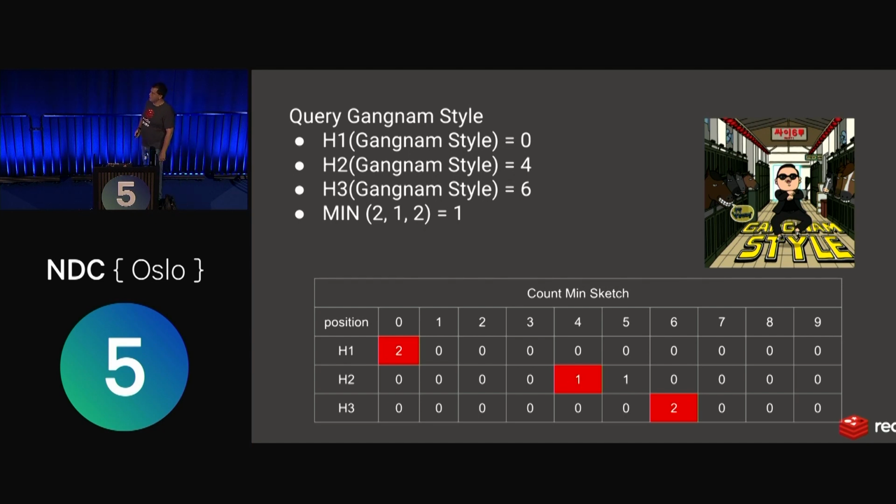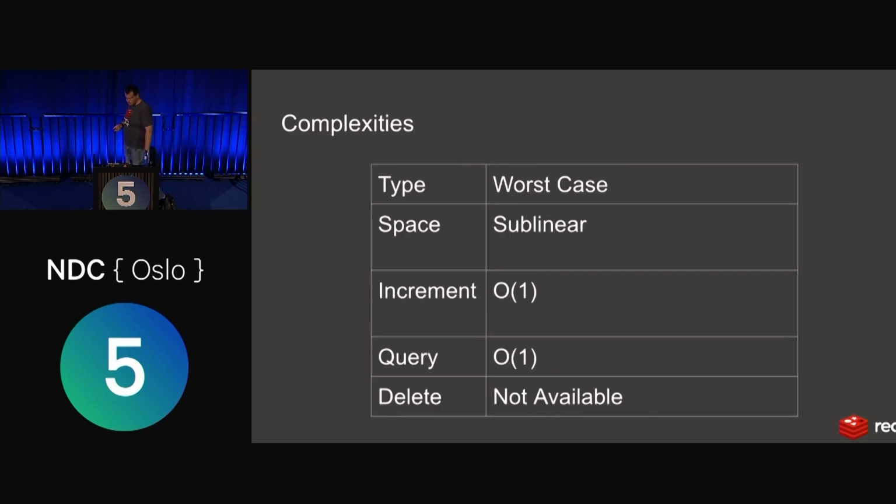So really, the question we're asking now is, what is the minimum of 2, 1, and 2? And that's 1, right? So we get the right answer at the end of this, in spite of the fact that we had hash collisions within this Count-Min sketch. Again, this is an intentionally tiny Count-Min sketch for answering the questions that we're looking at.